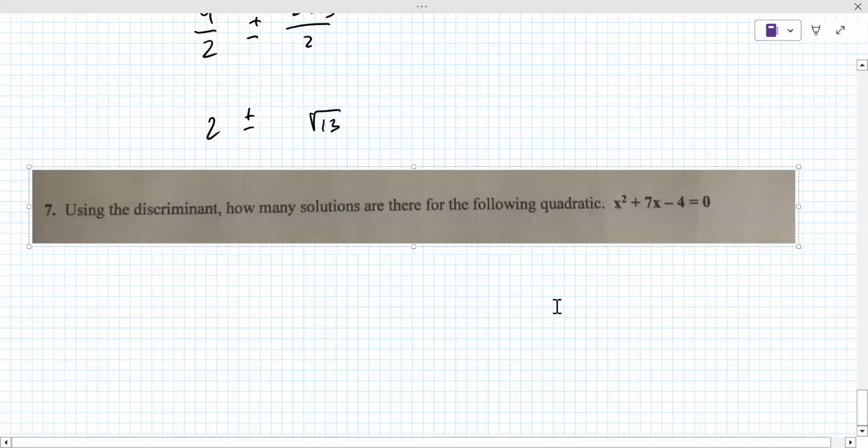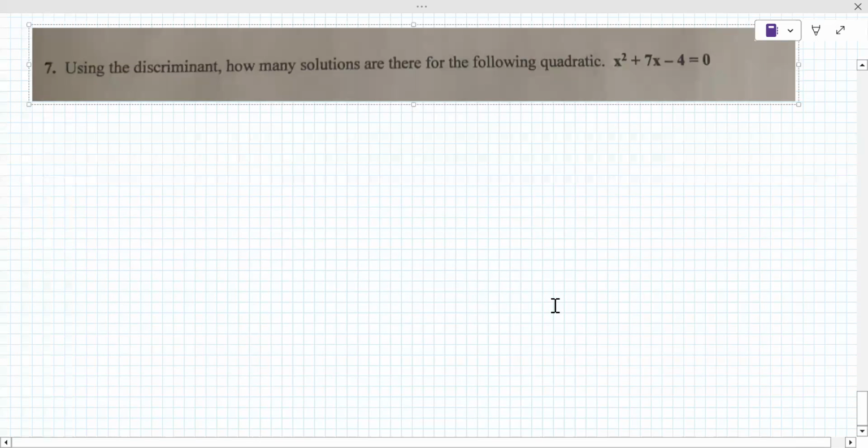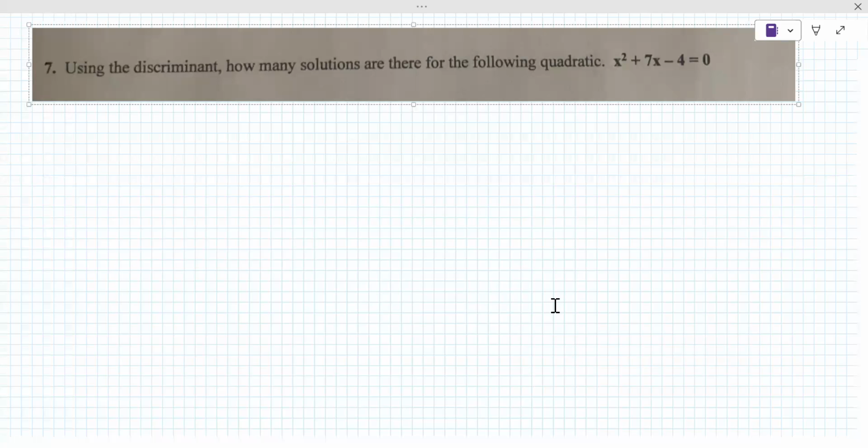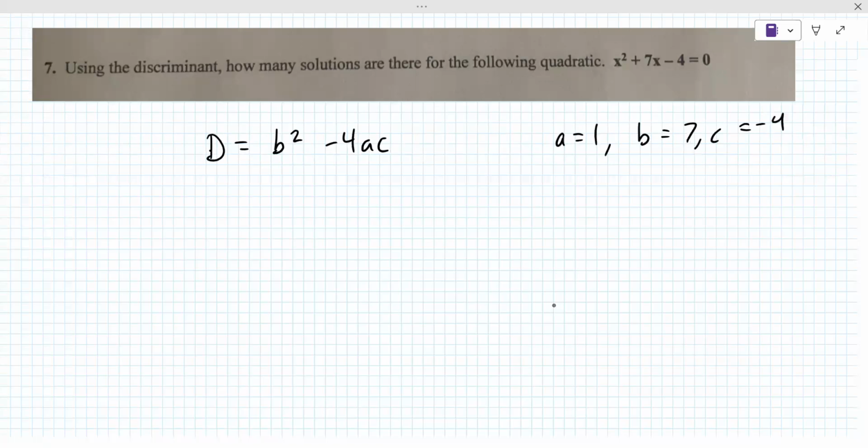All right, using the discriminant, how many solutions are there for the following quadratic equation? All right, so this is just the part that's the b squared minus the 4ac. A is 1, b is 7, c is minus 4, just like in the last problem. Done that over and over again.